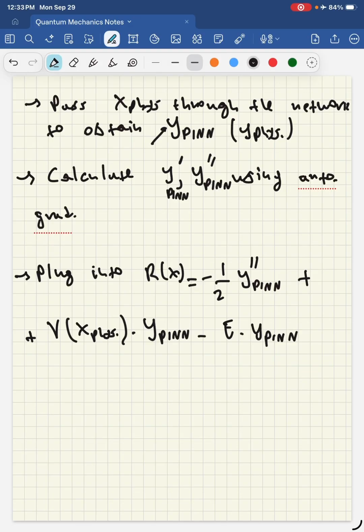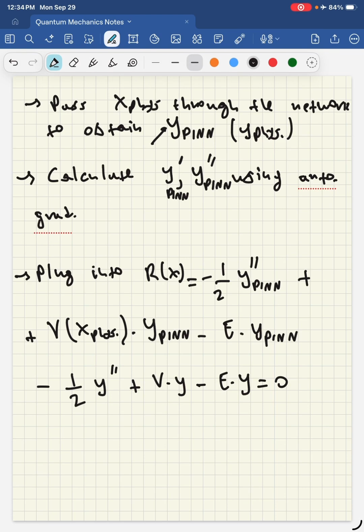And you can recognize this as the Schrodinger equation, right? So this is the Schrodinger equation if I bring everything to the left-hand side. So it's the Schrodinger equation in this form, minus 1/2 y double prime plus V times y minus E times y, this should be equal to 0. Okay, so using the physics points x physics on the grid, the calculated wave function on that grid, and the calculated derivatives, we can calculate the value of that expression r of x, which is the residual.